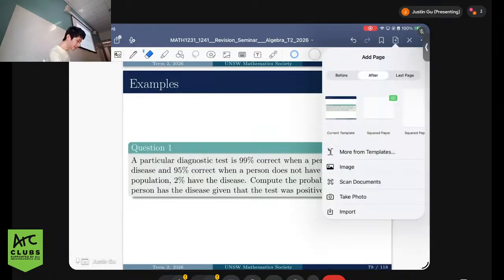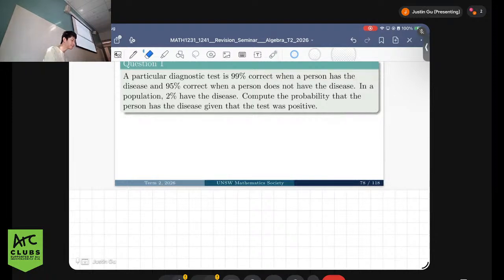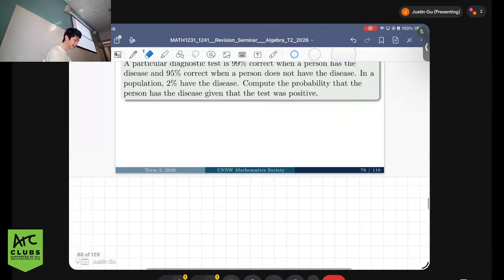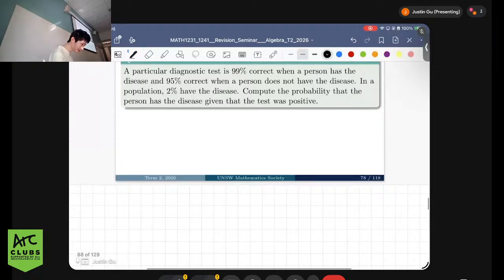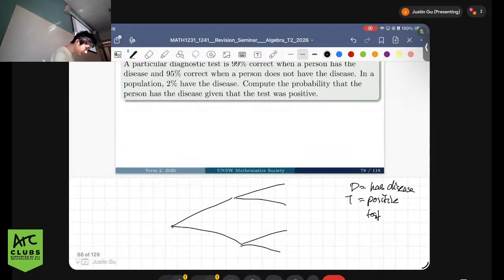A particular diagnostic test is 99% correct when a person has the disease and 95% correct when a person does not have the disease. Let me just go through it. I'll label my events D for has disease and T for test positive. So we know that 98% do not have the disease and 2% do.